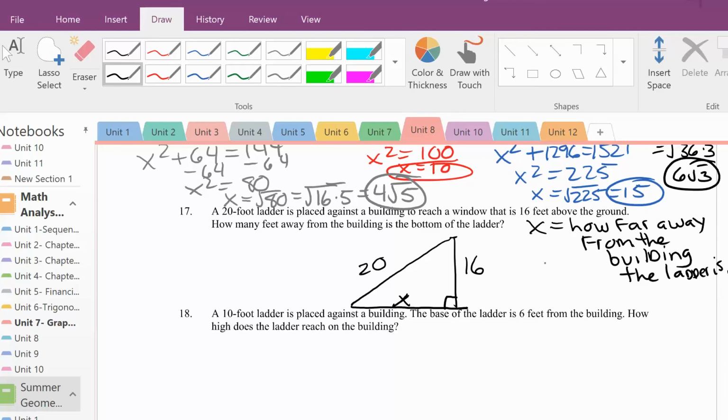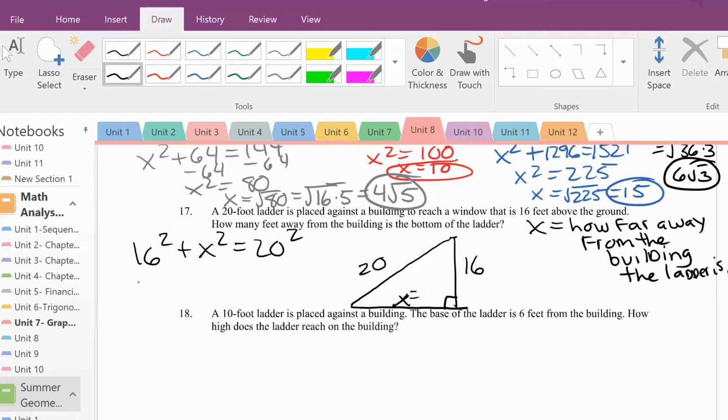And so you do the Pythagorean theorem here, and you get 16 squared plus x squared equals 20 squared. You could either recognize it's a 3, 4, 5, and you know that x is going to be 9, or sorry, x is going to be 12, because 4 times 3 is 12, because all of these are divisible by 4.